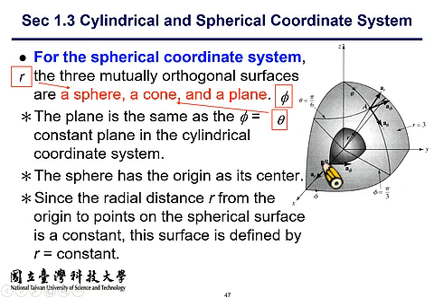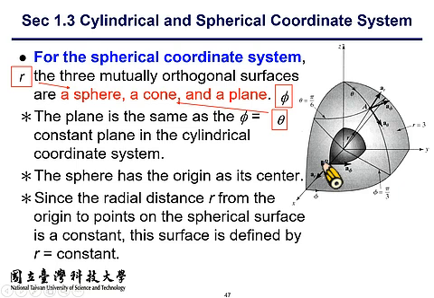So what is the variable range for theta? 0 degrees, 45 degrees, 90 degrees, 135, 180. So the variable range for theta is, let's describe it more precisely, 0 to pi, okay? Or 0 to 180. So that is the variable range for theta.